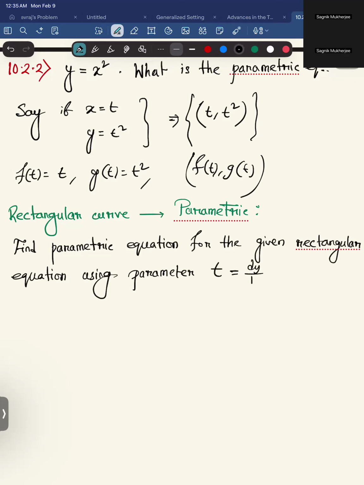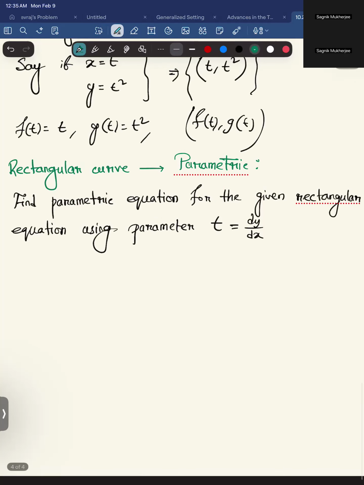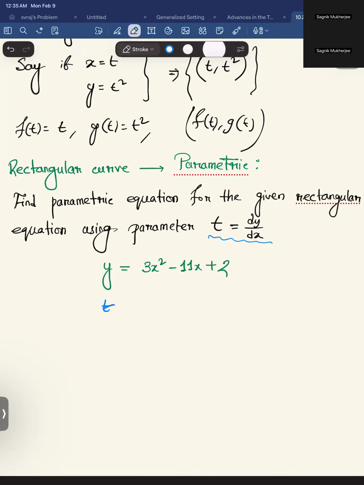And what is the parameter in this case? dy over dx. So let's look at one of the curves. So say maybe the rectangular equation is y equals 3x squared minus 11x plus 2. So this is my rectangular equation, and using the parameter t. Solution.